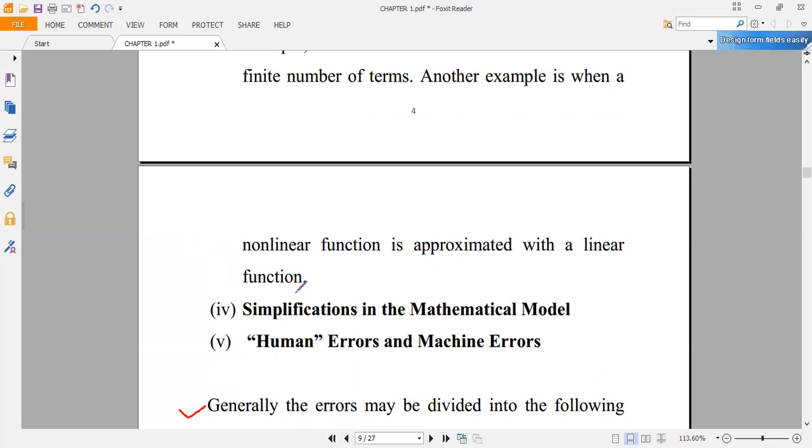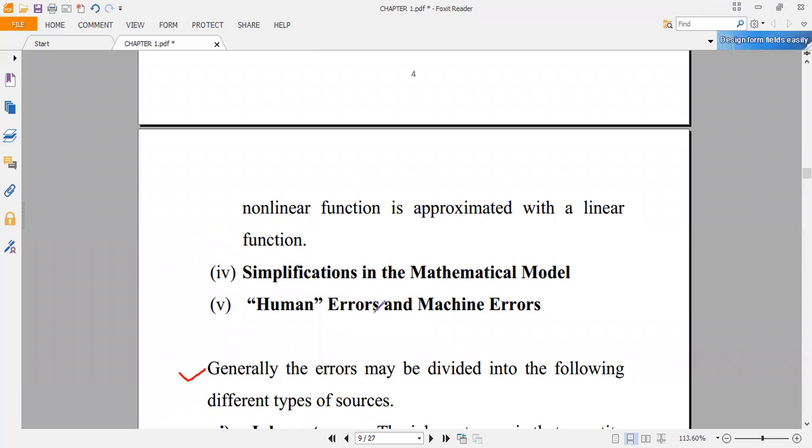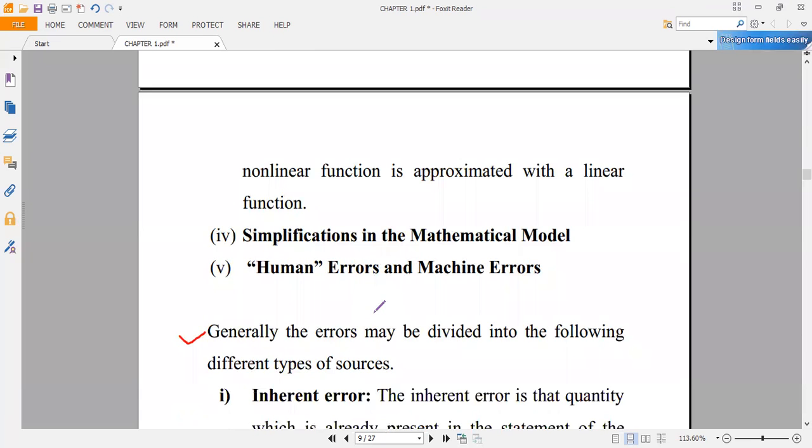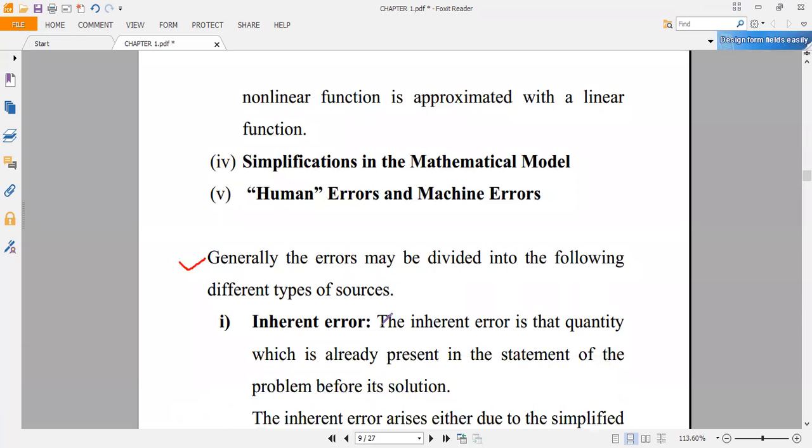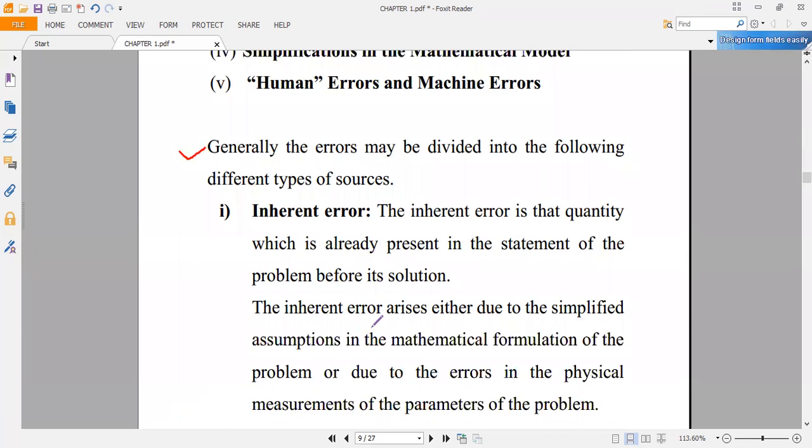Humans produce errors by themselves, and the machine itself produces errors when we are computing while analyzing the given problem. Generally, errors may be divided into the following different types. The first one is inherent error.